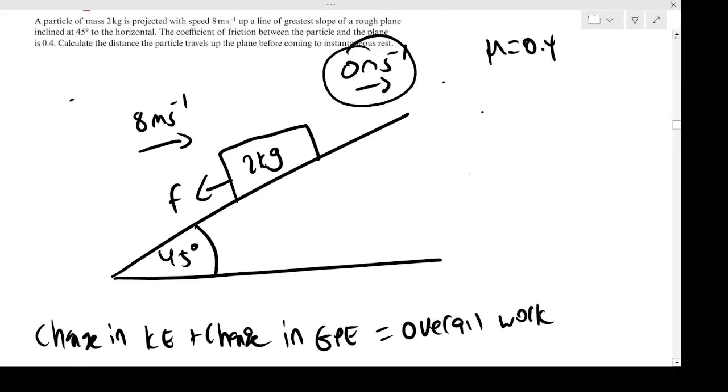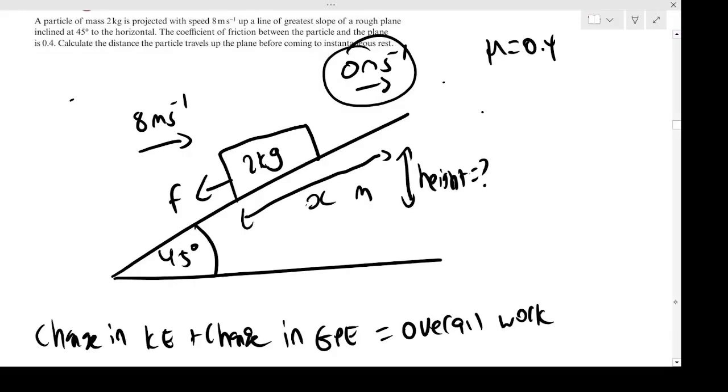So I want to work out this distance here. How far have I gone up the plane? I'm going to call that distance x. Okay, x meters. That's what I want to work out. But in order to consider the GPE, I need the height. This is where there's going to be a bit of algebra involved.